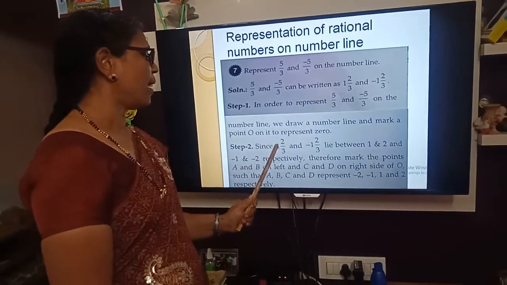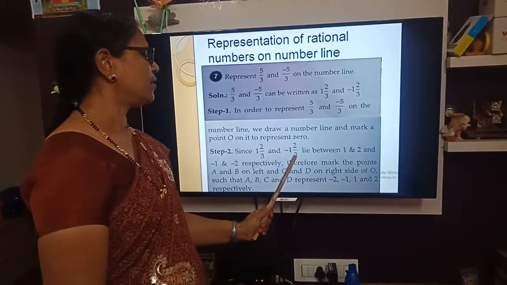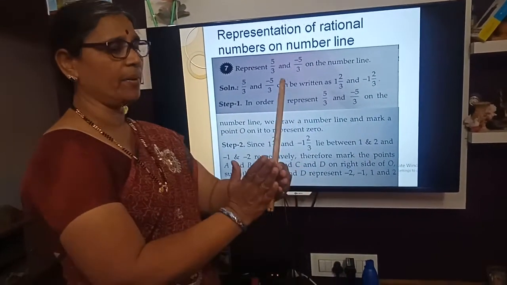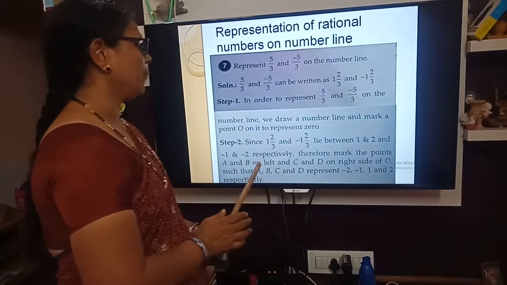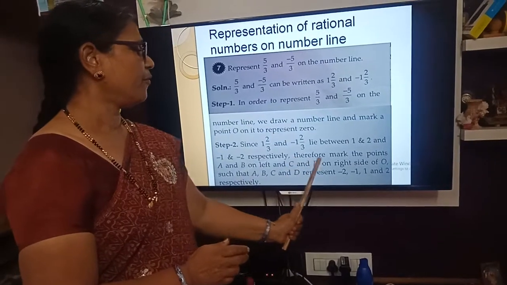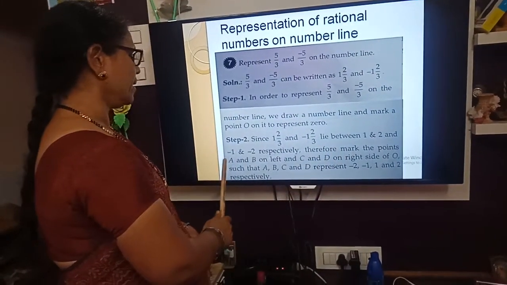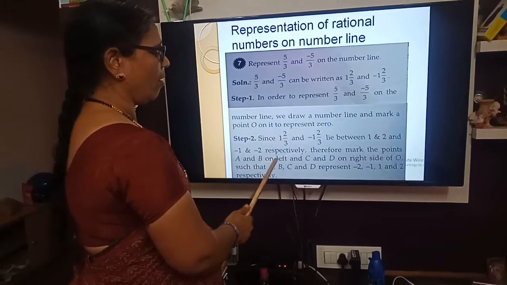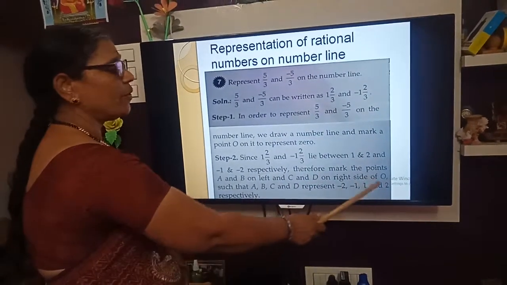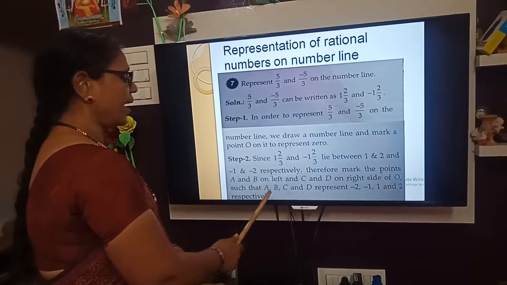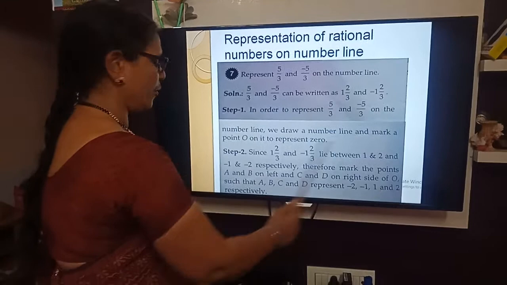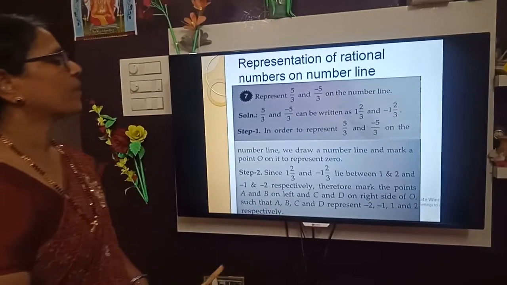Step 2: since 1 integer 2 by 3 and minus 1 integer 2 by 3 lie between 1 and 2, and minus 1 and minus 2 respectively, mark the points A, B on the left hand side and C and D on the right side of 0, such that A, B, C and D represent minus 2, minus 1, 1 and 2 respectively.